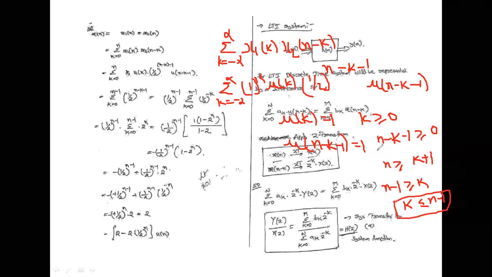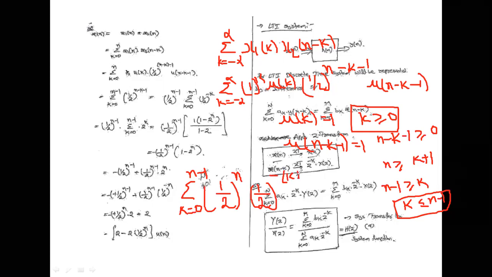So using these two relations, you can write the summation as sum of k equal to 0 to n minus 1, 1 power k, anything power 1 is 1 only, and (1/2) whole power n minus k plus 1.